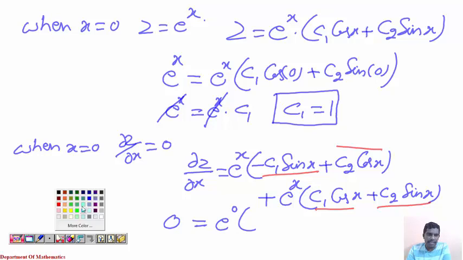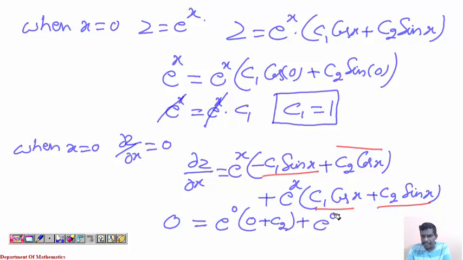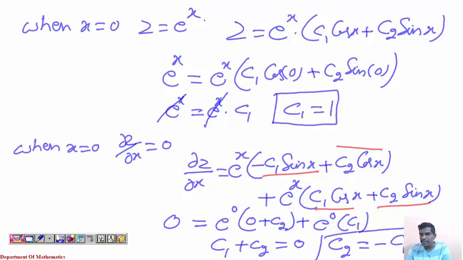For that, let us say this is 0 plus c2 plus e to the power of 0 into c1. Now, c1 plus c2 will be equal to 0, or I can say the c2 value is equal to minus c1. Once we know c2 is minus c1, we get c2 is equal to minus 1.